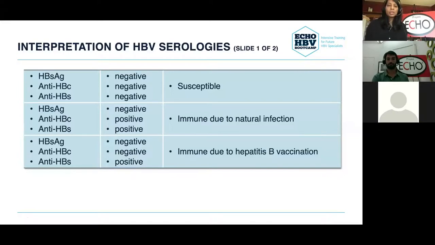And so really the distinguishing feature here between immunity from infection to hepatitis B and immunity from vaccination sometimes comes up as a practice examination question depending on the setting in which you're practicing. But if the core antibody is not present, this means that the person has typically been vaccinated for hepatitis B somewhere along the way in their lifetime. Okay, so that's how you distinguish the core antibody being positive in those two settings.